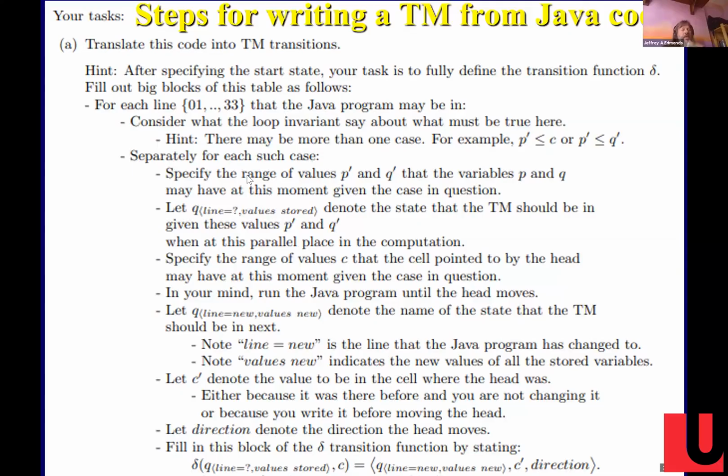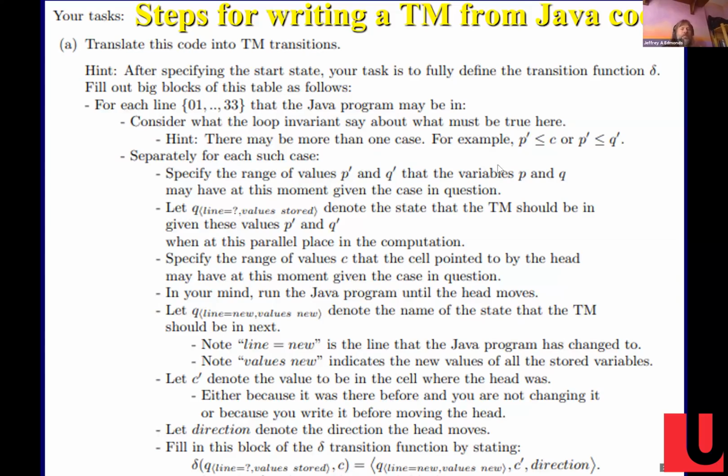You specify on your test paper, you say, I'm now doing a particular line of code, and I'm now doing a particular block, a particular case. And for that line of code, in this case, I can specify the range of values, right? And now let's pretend we have a particular value in this range.